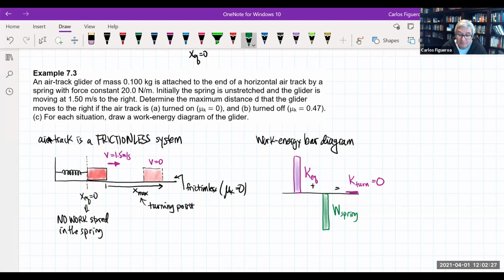So check it out. What do you think? The way I'm looking at this, I am literally solving an equation with pictures. This is what the work energy theorem does. If you try to do this with Newton's second law, you have to solve a differential equation, and it's not this clean.